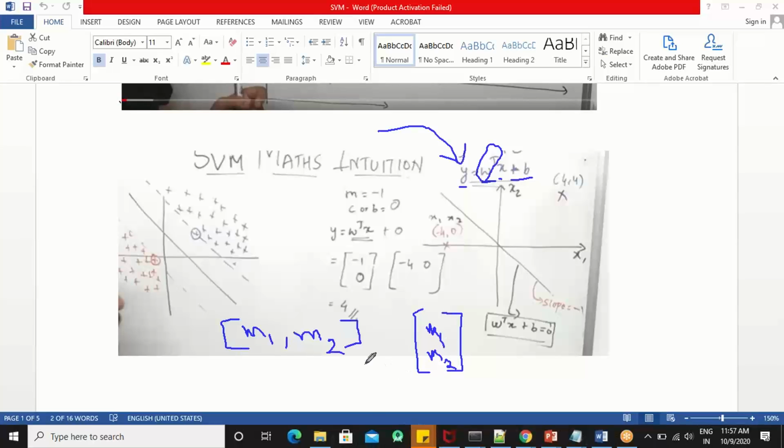So the transpose of this matrix is this, and the transpose of this matrix is this. If my weights were -1 and 0, the transpose of that will be represented like this. So this is the WT, the transpose of the weight vector.